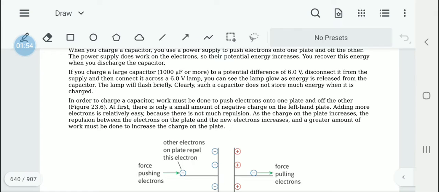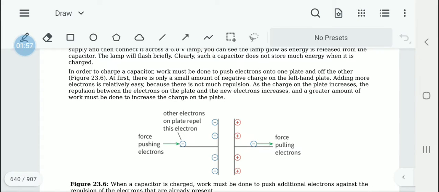So when work is being done to push these electrons onto one plate and out of the other, we need to do work. This work is done by the power supply. At the beginning stages, the amount of work that needs to be done is quite small, because there would be much less repulsion between the electrons.